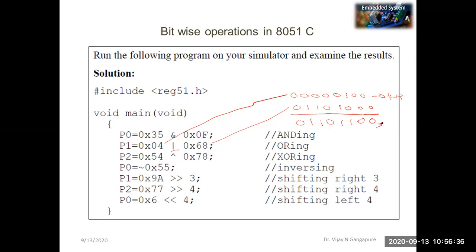So in hex this will be 6, and this is C. So 6C is the result of the bitwise OR operation between 0x04 and 0x68, and that will be outputted to port 1. Okay, so this is the bitwise OR operator.